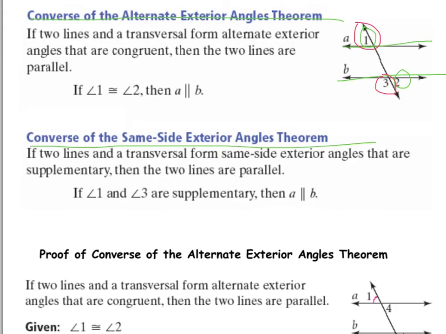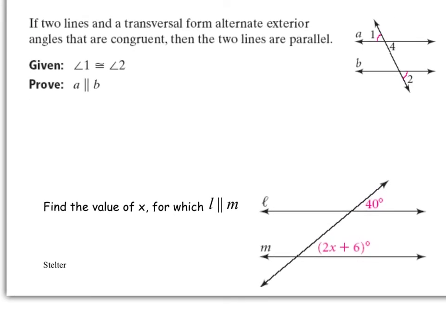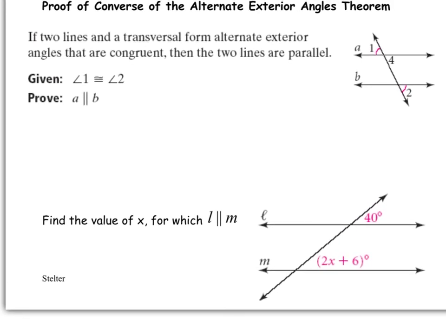So let's prove the converse of alternate exterior angles. So if you're given that 1 and 2 are congruent, they're in alternate exterior positions, prove that A and B are parallel. So start with your T-table, your statements and reasons.